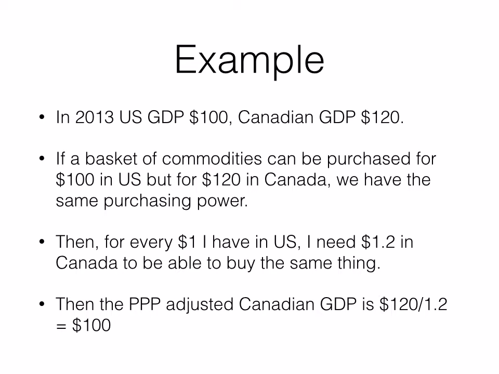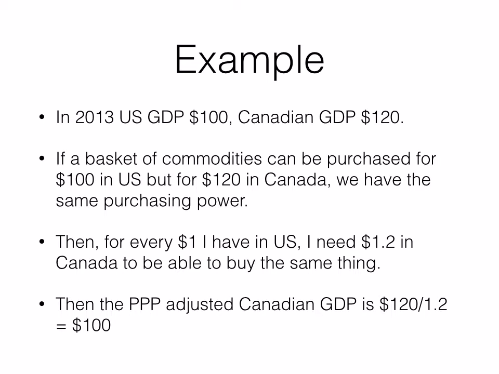Not necessarily. This depends on what we can buy with $100 in the US and what we can buy with $120 in Canada. For example, if I can buy one laptop with $100 in the US, and if I need $120 to buy the same laptop in Canada, then our well-being is the same.